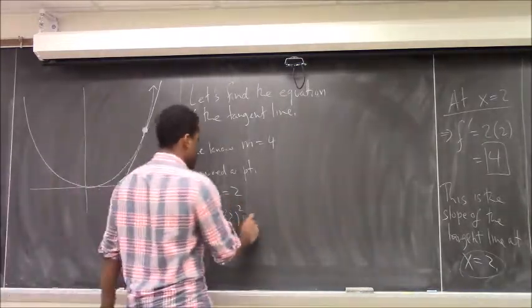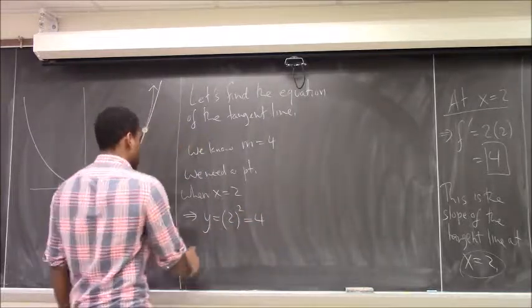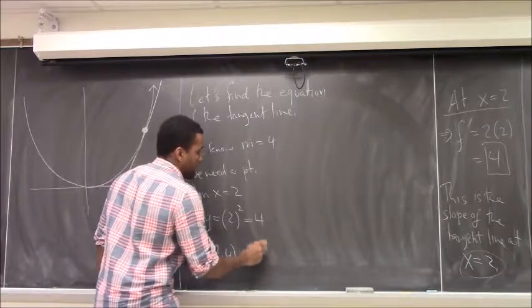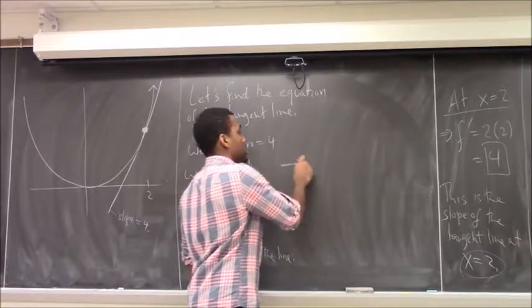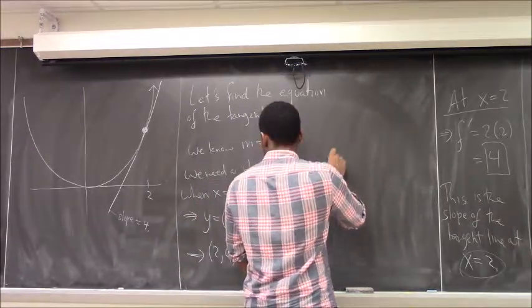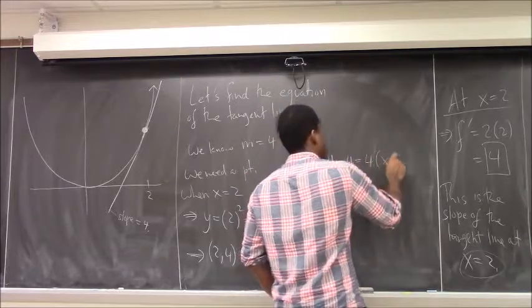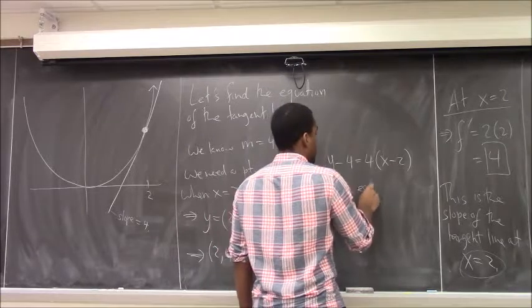So I plug into the function, and that's 4. And so I know that 2 comma 4 is on the line. And so this means y minus 4 equals 4 times x minus 2 is the equation of the tangent line.